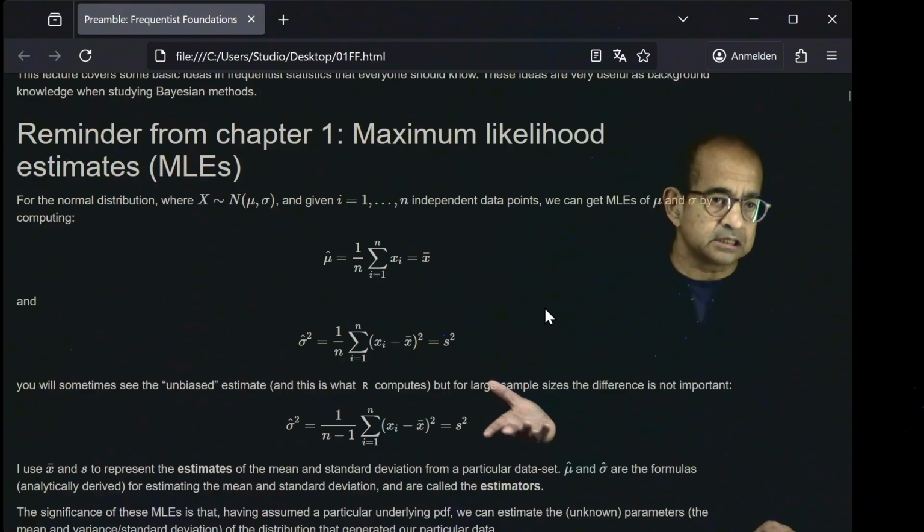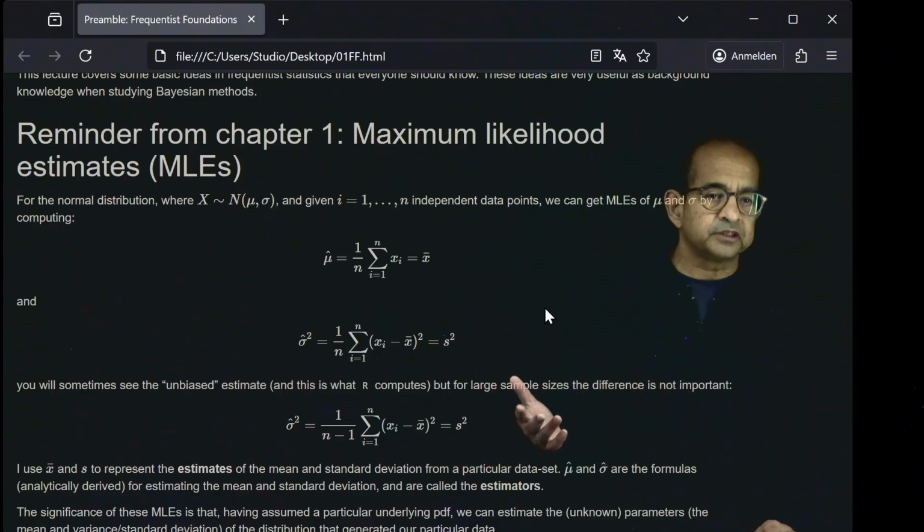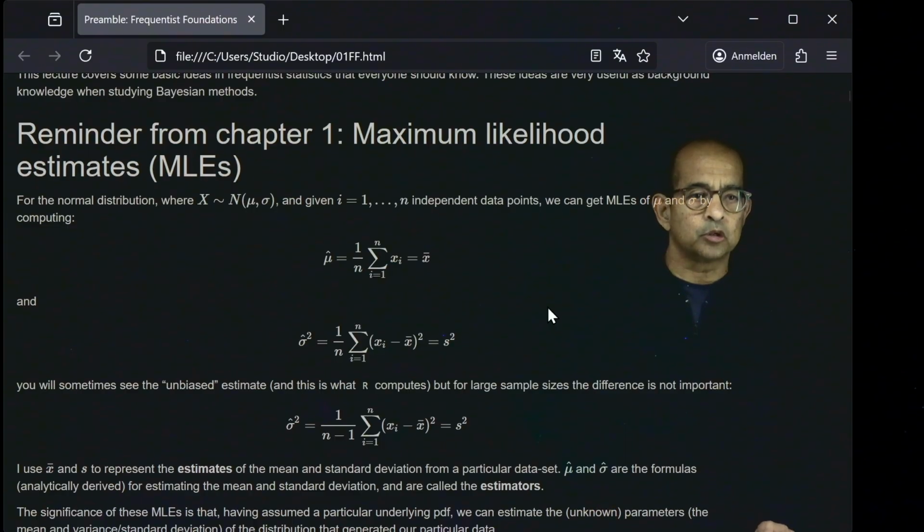It could be just estimation. Maybe we just want to estimate these parameters and draw our inferences from those estimates, or we want to do something more with them, as I will explain. For the estimate of the variance, you might see two different formulas. One divides by n, the other divides by n minus 1.